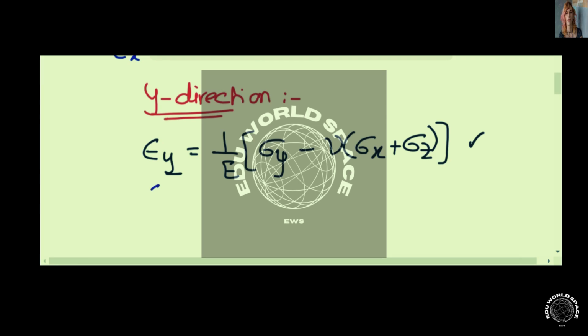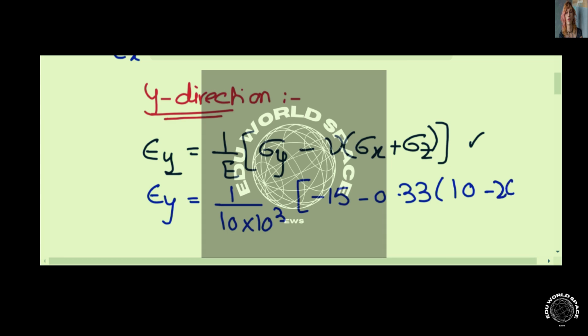So now we have the equation. Just plug in the values. We have 1 divided by 10 into 10 raised to power 3, negative 15, negative 0.33 into 10 negative 26.